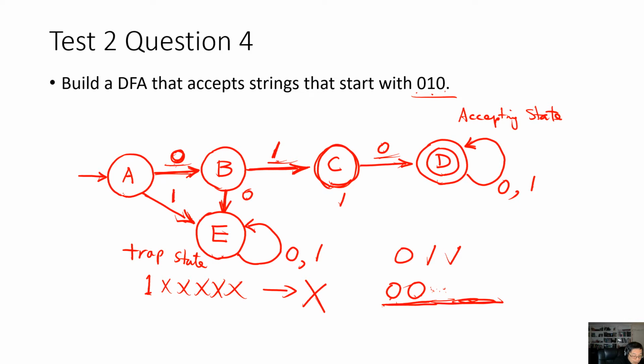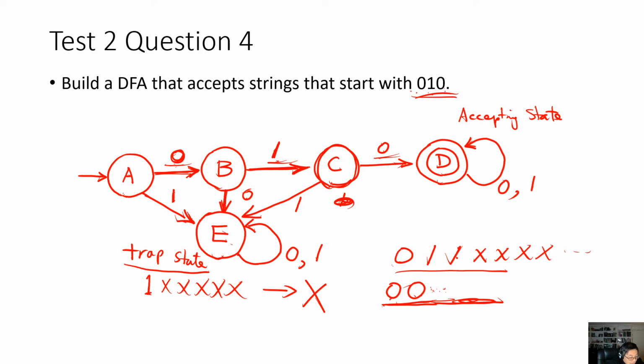So now the string is going to start with 0, 1, 1. No matter what the value is after this, the string is always going to start with 0, 1, 1. It's not 0, 1, 0. So also, if the value is 1, we're going to land at the E, which is the trap state. So once we get into the trap state, there's no way that this string is going to be accepted.